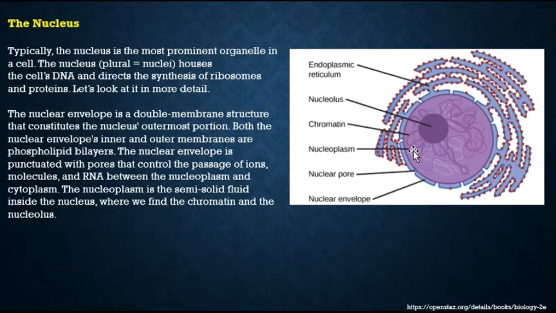Outside there is the nuclear envelope, which is a double membrane structure. Both the nuclear envelope's inner and outer membranes are phospholipid. The nuclear envelope is punctuated with pores that control the passage of ions, molecules and RNA. Nucleoplasm is the semi-solid fluid inside the nucleus, like cytosol, where we find the chromatin and nucleolus.